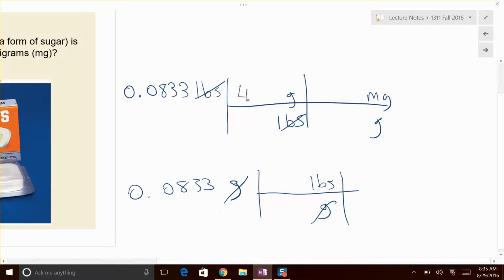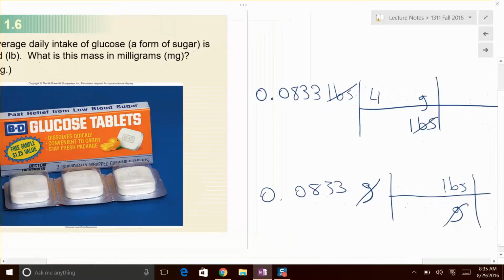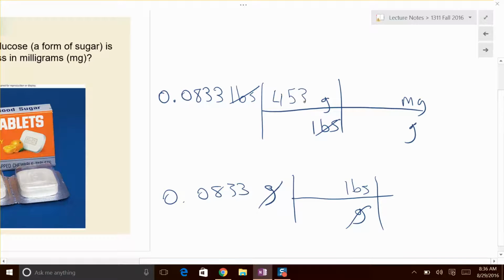It's still 453.6 grams for every 1 pound. That's what they told me the conversion for that is. They said there's 453.6 grams in every 1 pound. So I can use it in that way, or I could use it in this way. 1 pound has 453.6 grams. Okay?